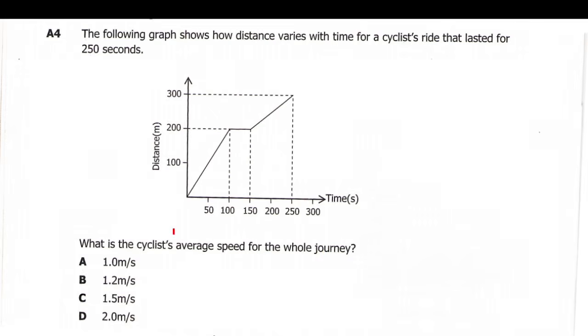So here, average speed is calculated from total distance divided by total time. Looking at our cyclist, the total distance covered is 300. However, the total time can't be 250 because from 100 seconds to 150 seconds, the cyclist was stationary.